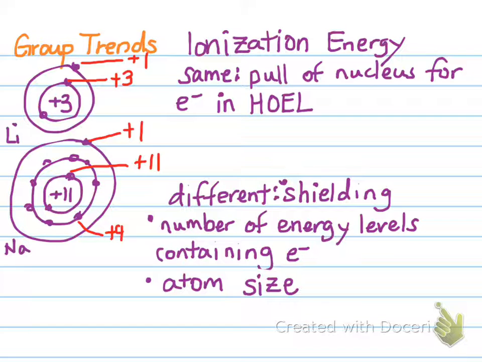Okay. So how does this affect ionization energy? Well, because our atom is larger as we move down a group, because we have more energy levels containing electrons, but the pull of the nucleus stays the same, it is easier. Okay, so as we move down our group, right, our atom size gets larger.